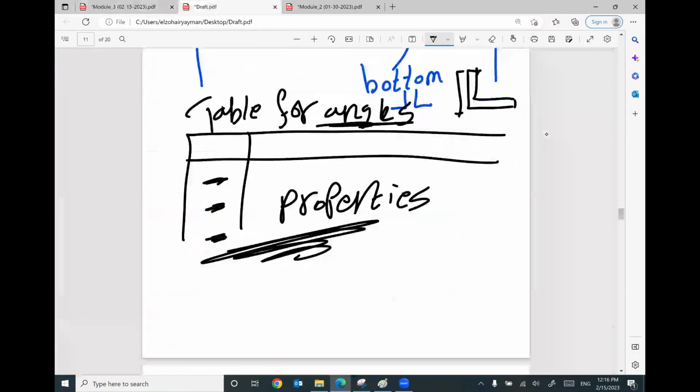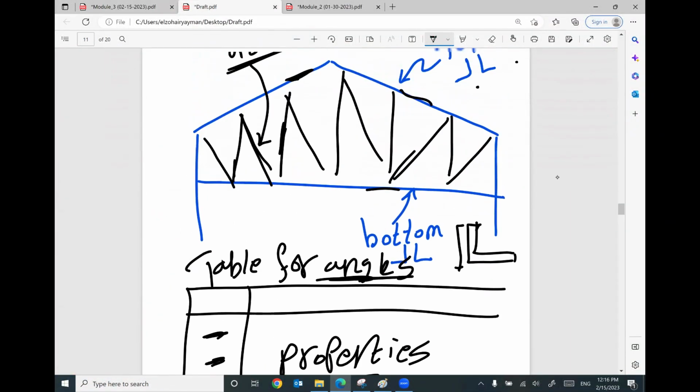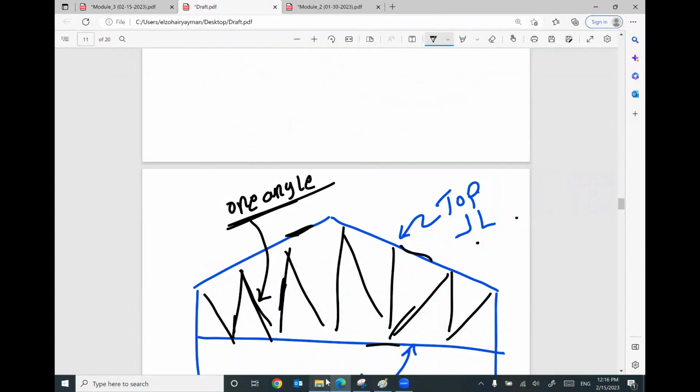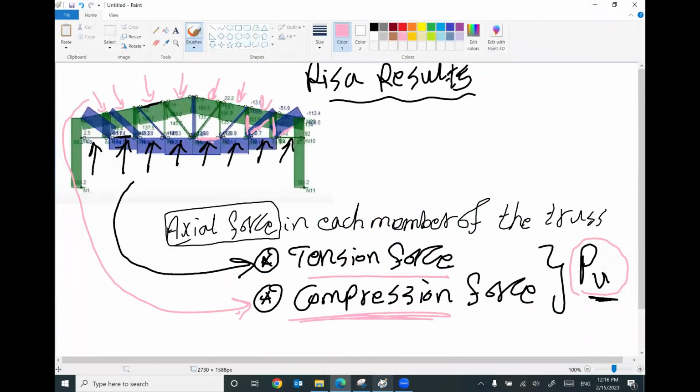I told you at the beginning, we already solved our truss, and we found the axial force in each member. In our case, we are focusing on the tension members. So we are aware that we have a value P ultimate coming from the RISA analysis, from this diagram. This is the value of P ultimate.